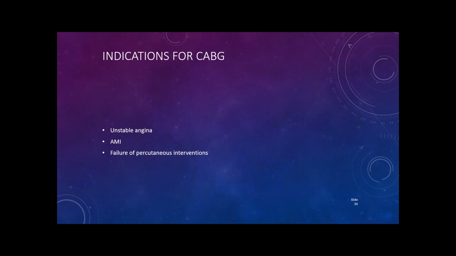So let's say we have an unstable angina patient, or we have such a severe MI that a lot of tissue is damaged, or somebody has gone to cath lab and they have tried to stent the issue open, and it has failed. That is an indication for a coronary artery bypass graft.